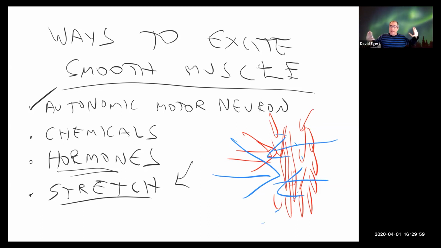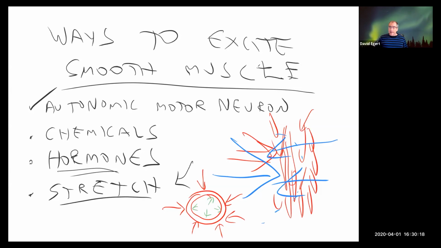This is going to be important in blood vessels. If the blood is pushing out and stretching the blood vessel wall, making it bigger, the blood vessel is going to automatically respond by pushing back and counteracting the force that's causing the muscle cells in the wall to stretch. So we'll come back and look at that.